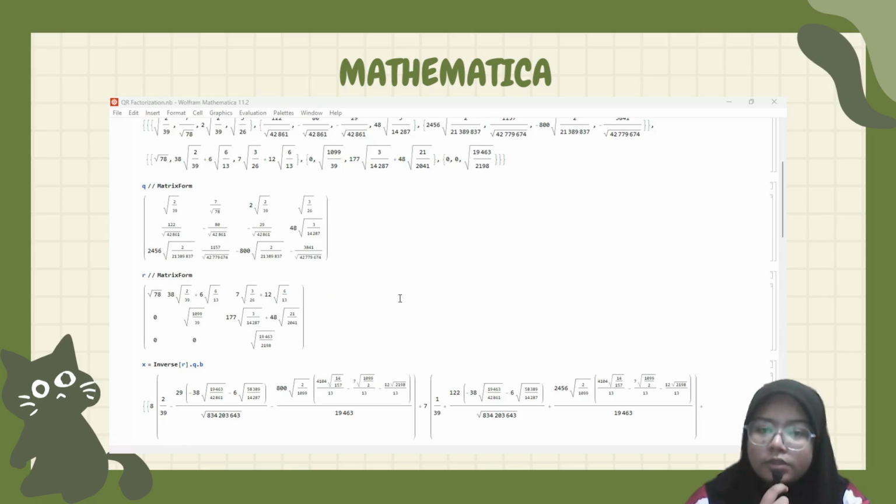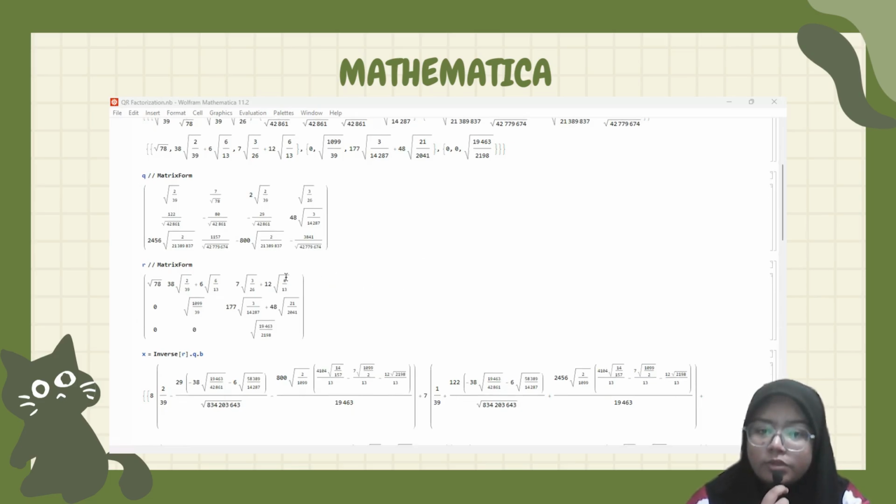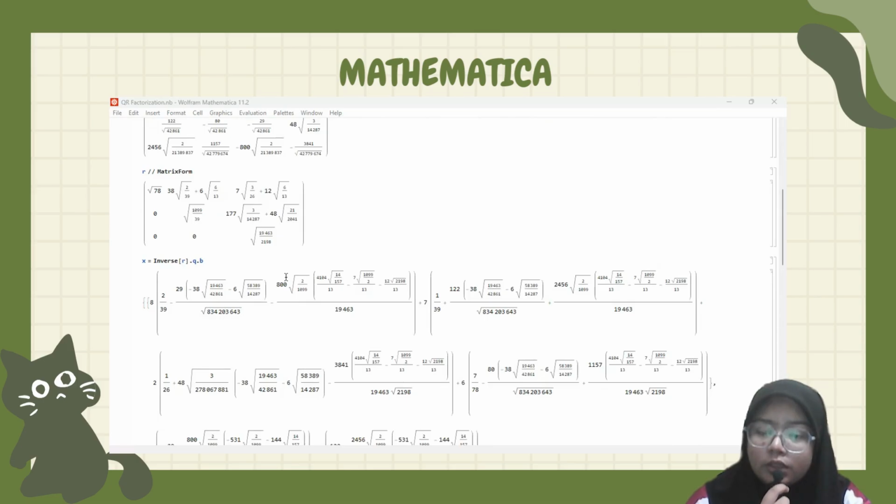To find the solution vector X, we use the formula X equal to R inverse times Q transpose times B. In Mathematica, this is implemented as X equal to Inverse of R times Q times B. This step transforms the original system into a simpler one that can be solved directly.